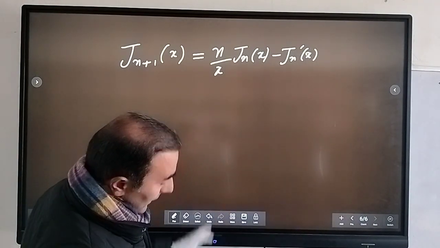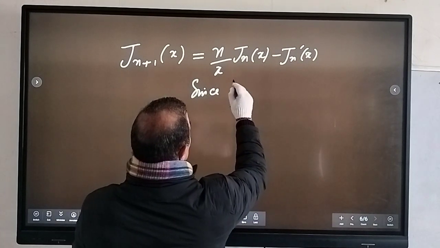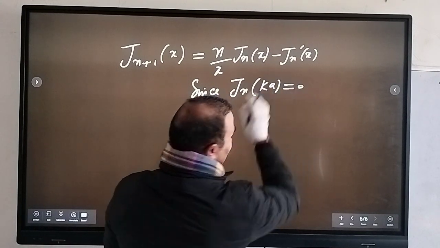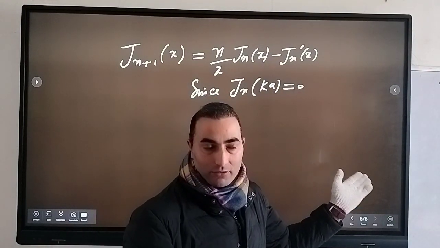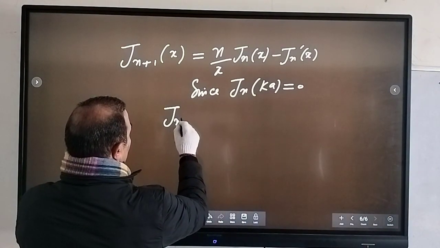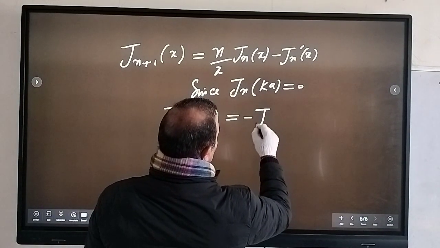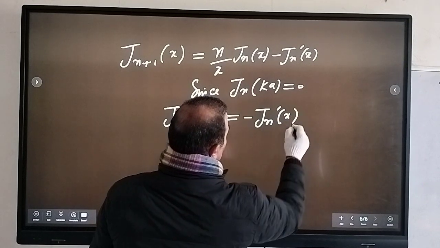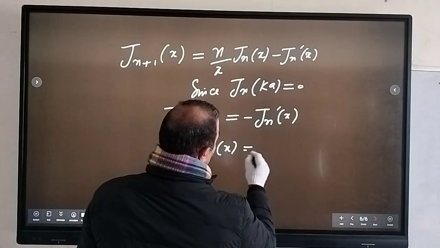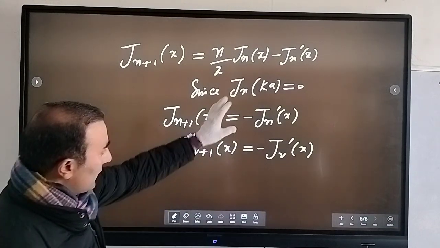But since Jn of ka equals 0, or you can write Jv of k, because v or n is an integer, we can write that Jn plus 1 of x will be equal to minus Jn dash of x. So from this recurrence relation.